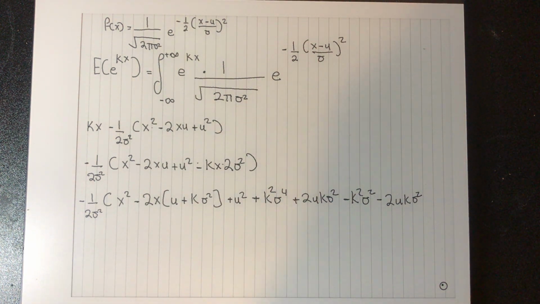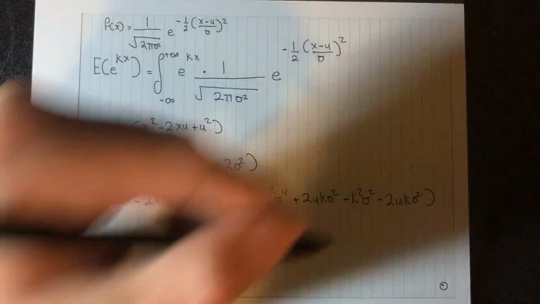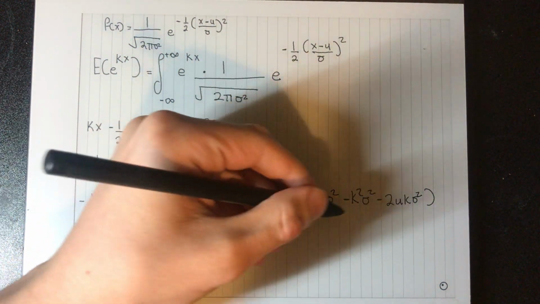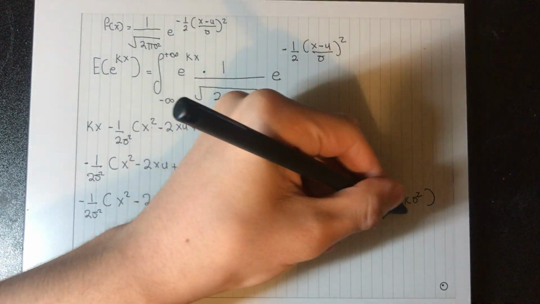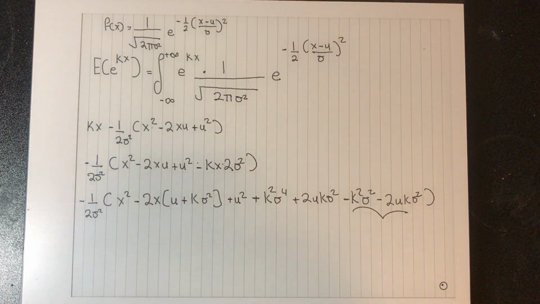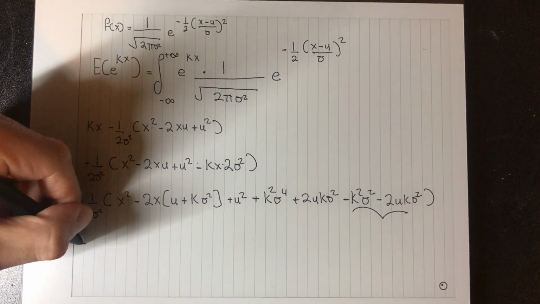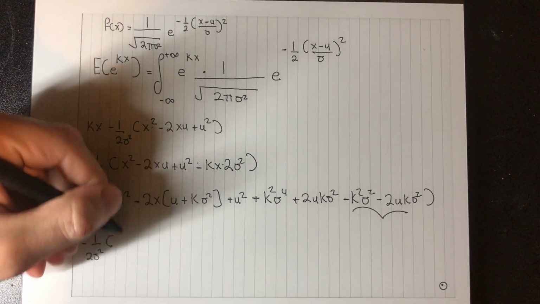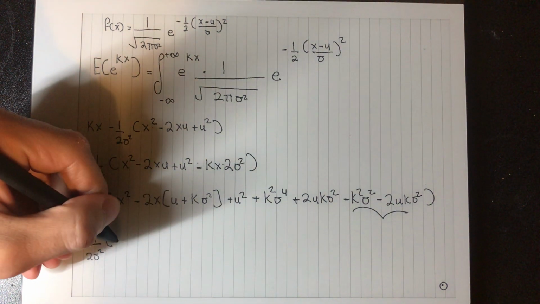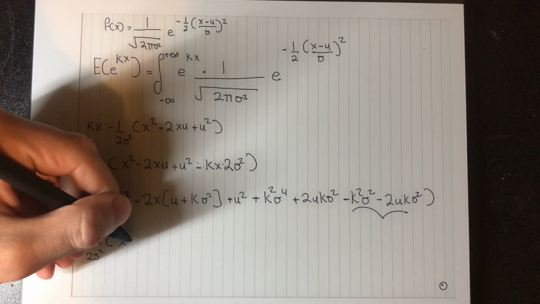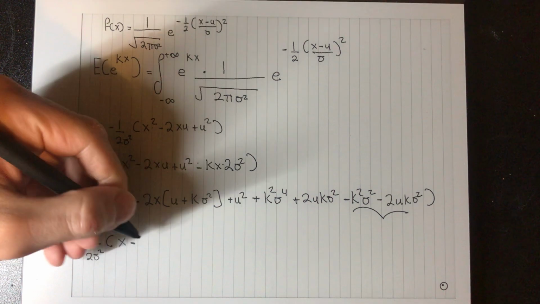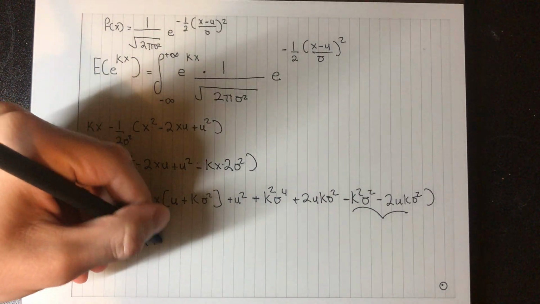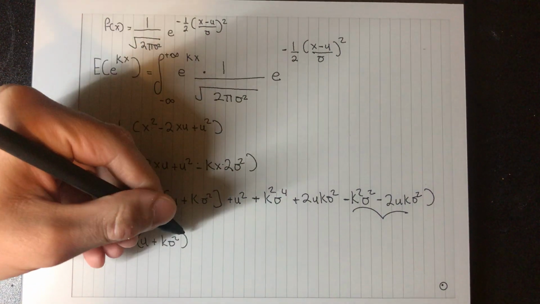And now that I've done that, I can take this proportion outside of the equation. So what I'd be left with is negative 1 over 2 sigma squared and x minus mu plus k sigma squared.